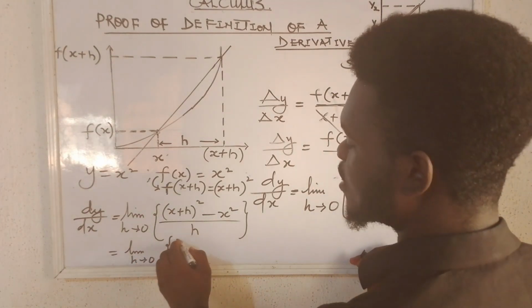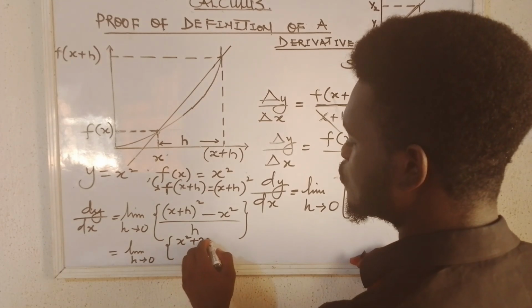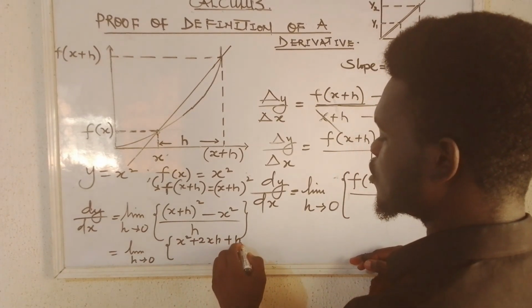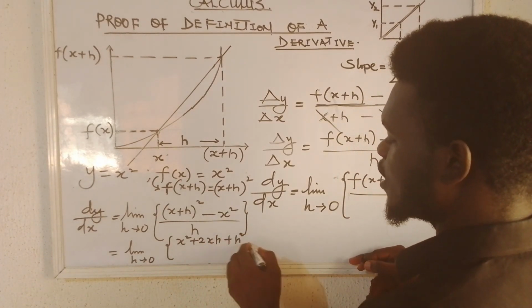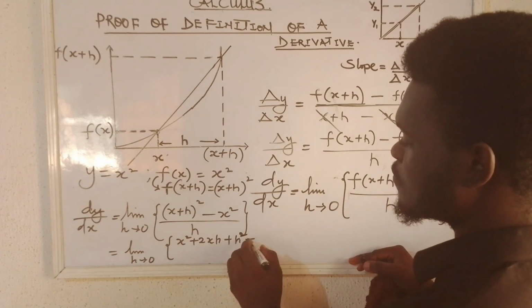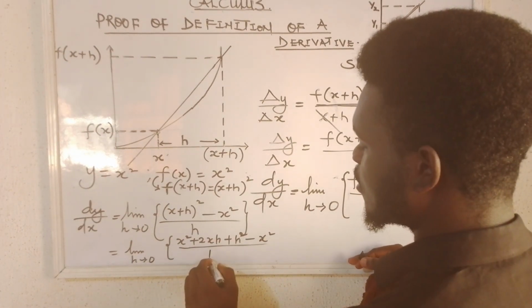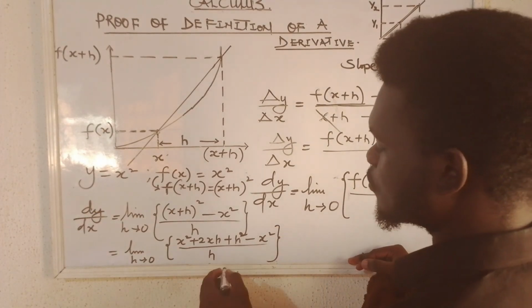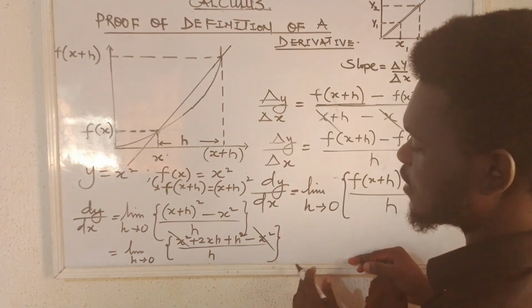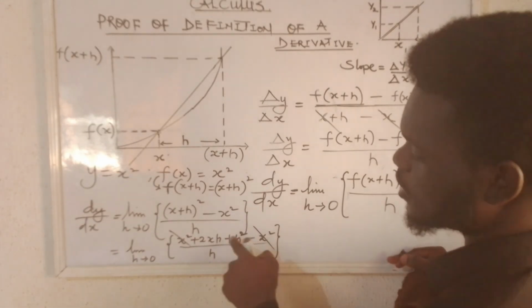So we already know that if we expand this, we are going to get x squared plus 2xh plus h squared, then minus x squared, all divided by h. So what happens here? The x squared eliminates x squared. Now we have h squared here, we have h here.